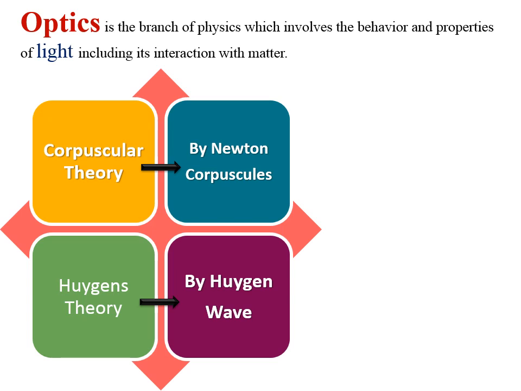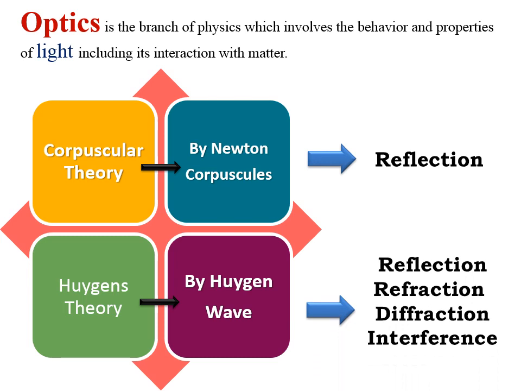So now with these two theories, we can say light is having dual nature, particle nature as well as wave nature. Basically, with the help of Newton's corpuscular theory, one can explain the reflection of light, and with the help of Huygens wave theory, one can explain reflection, refraction, diffraction and interference concept.